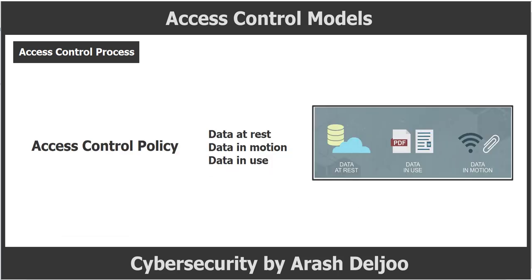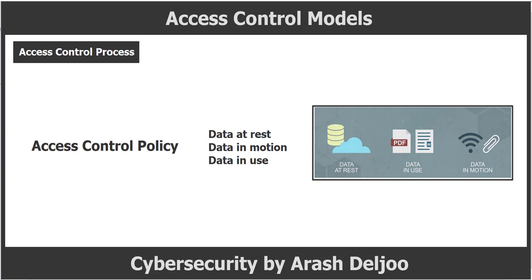Alright, about the access control policy. The next step of an access control process is to establish the access control policy for each asset or data. This is based on the label the asset received in the classification and marking steps described in the preceding section.